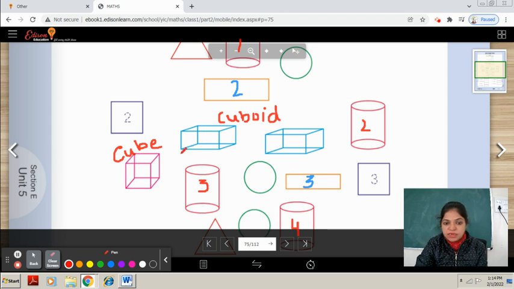Okay, so this is the difference between cube and cuboid, right? The faces of cube are in square shape and the faces of cuboid are in rectangular shape.